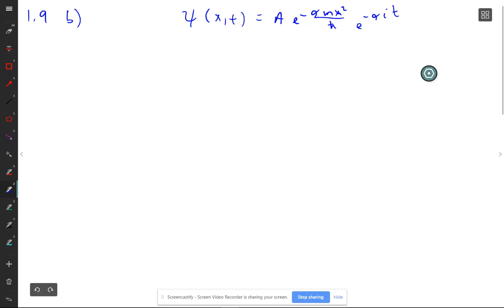Okay, so notice I wrote this differently than the textbook did, just separating the time part from the position part.